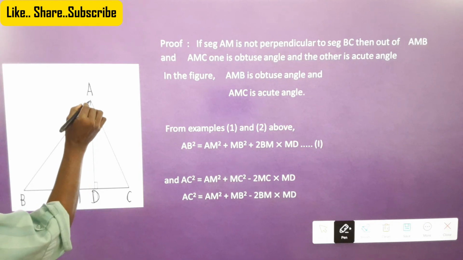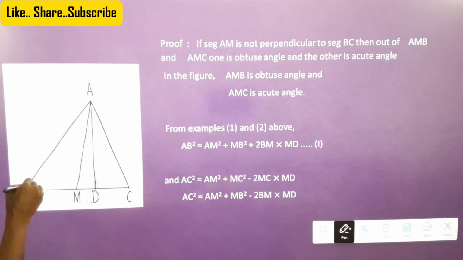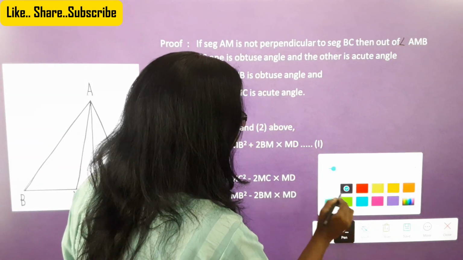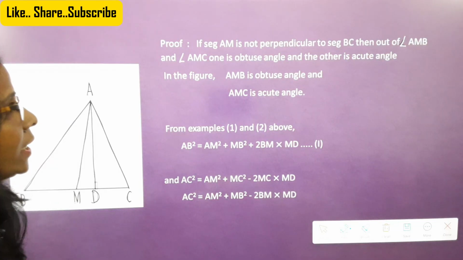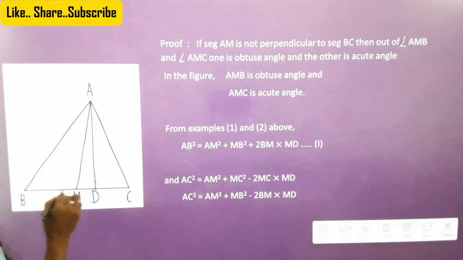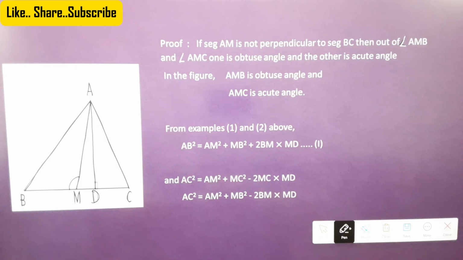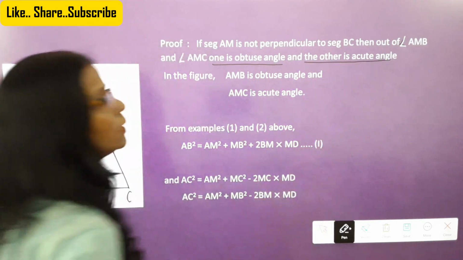See the figure: of the two angles AMB and AMC, one is an obtuse angle and the other is an acute angle.